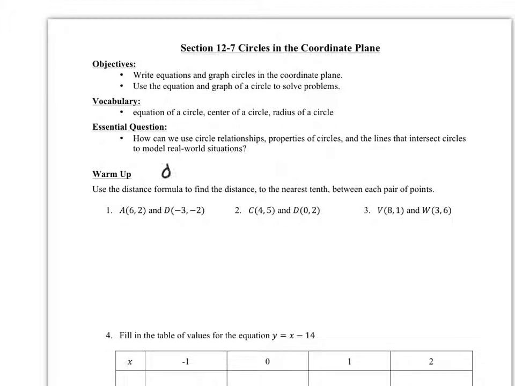Distance is equal to the square root of x1 minus x2 squared plus y1 minus y2 squared, taking the square root of the whole thing. So use the distance formula for numbers 1, 2, and 3. When you're ready to check your answers, turn the video back on.